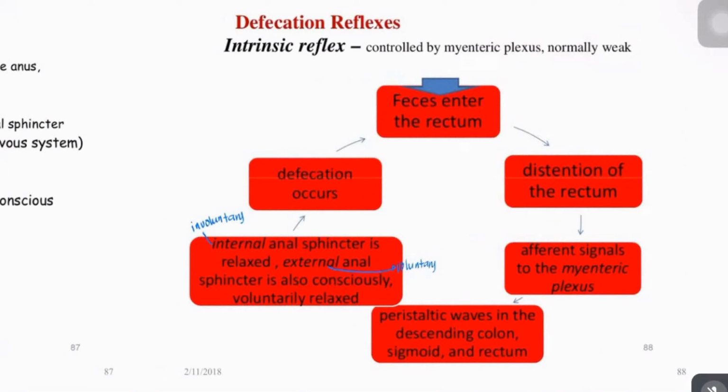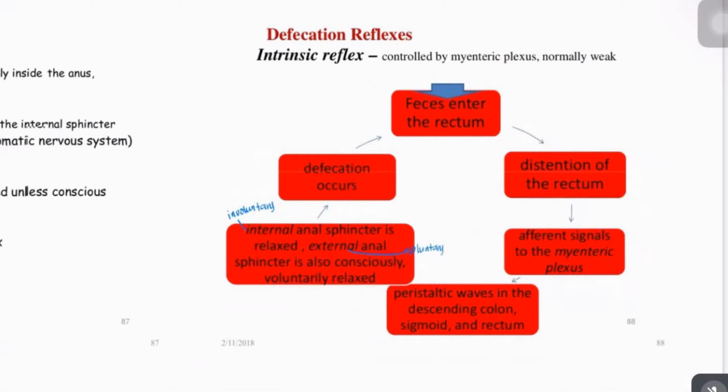Feces enter the rectum, causing distension of the rectum, afferent signals to your myenteric plexus, and peristaltic waves through the descending colon, sigmoid, and rectum, then the internal anal sphincter relaxes, and your external anal sphincter will also be consciously relaxed to stimulate defecation. Push. Now, let's go to the parasympathetic reflex.